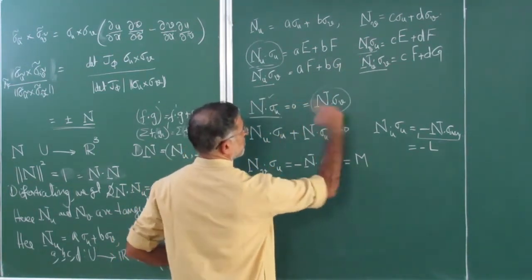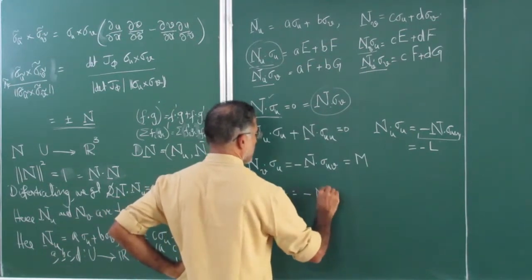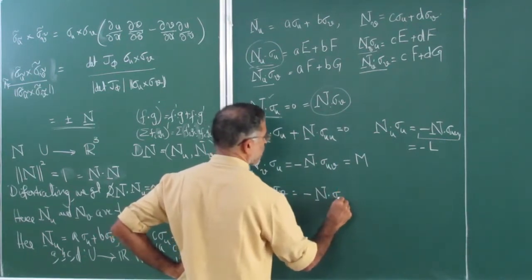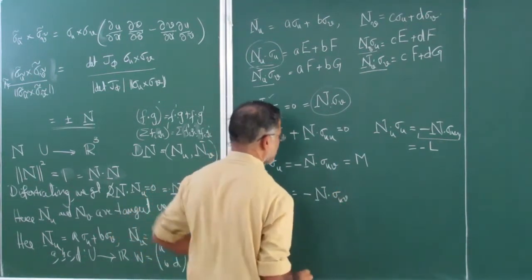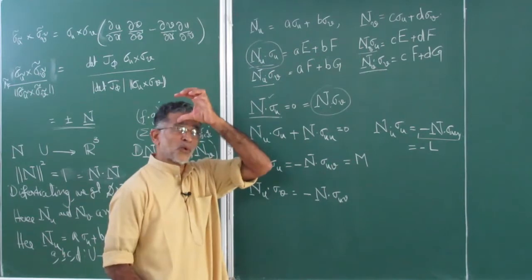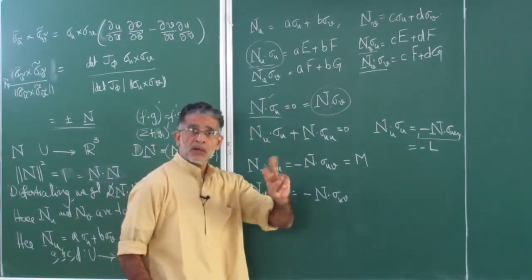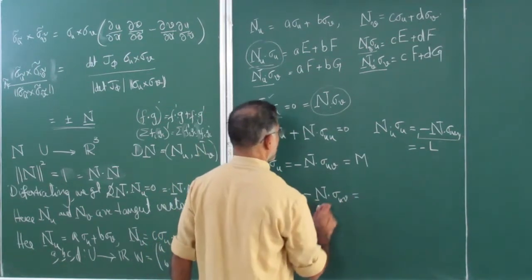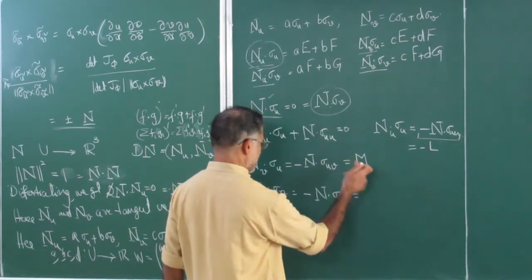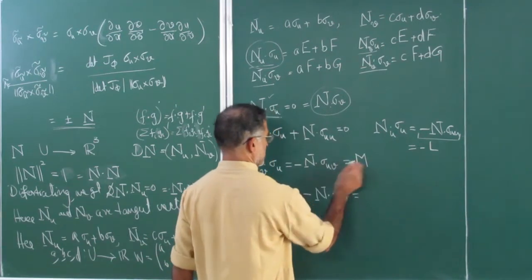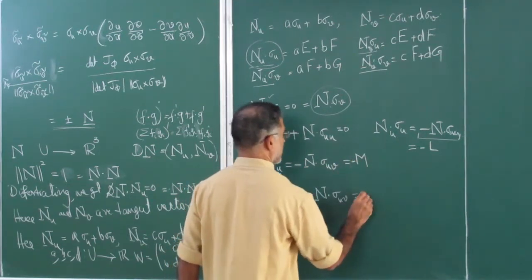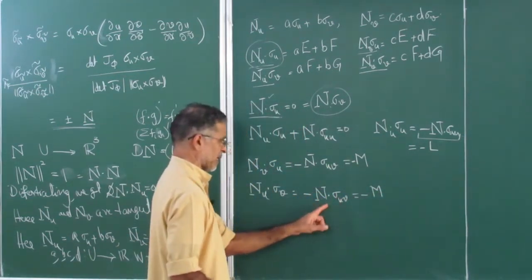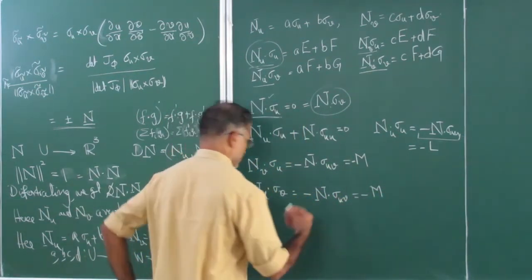Minus of the other side, n · σ_vu. σ_vu is the same as σ_uv, assuming that σ is sufficiently smooth, then the mixed partial derivatives are equal. So this is n · σ_uv, which we have already seen. This quantity is M, minus of that. So let us write this as minus M. This we give notation for simplicity, an object that you can always compute.